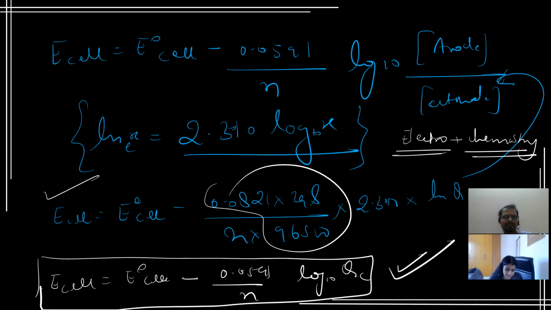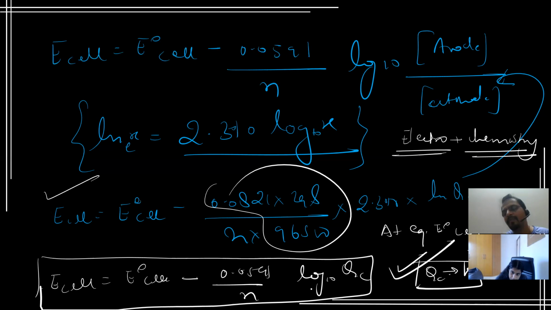There are a few more concepts that you will practice, and I'll explain. So what will happen at equilibrium? At equilibrium, E cell will be 0, and Qc will be Kc. Can you find the formula of the equilibrium constant Kc by putting these values?